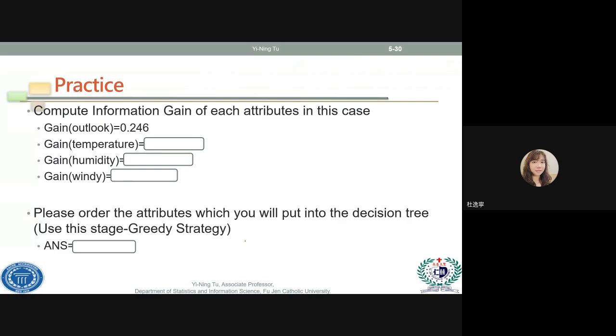With the greedy strategy, among these 4, do we pick the largest or the smallest? For information gain, larger is better. Gini is impurity, so we pick the smaller one. So there are 4 answers, right? Next week you may have the chance to get extra points, 0.4 for each one, added to the final total score. So please remember next week. If you forget this week, next week you can do that.